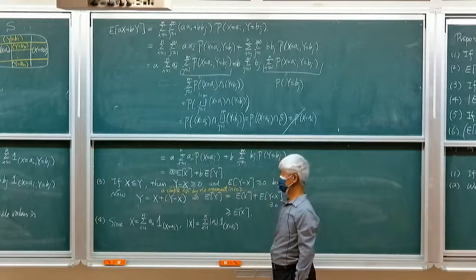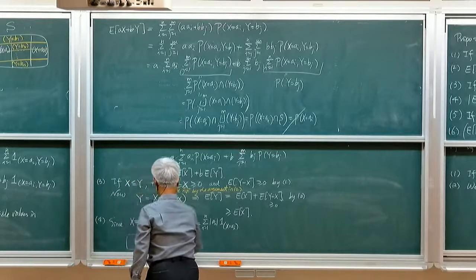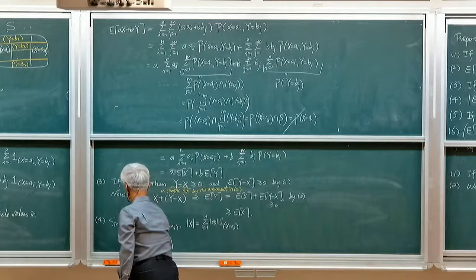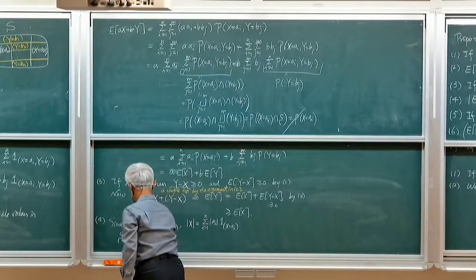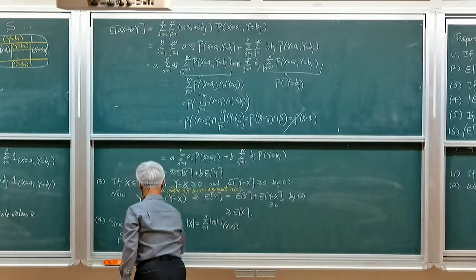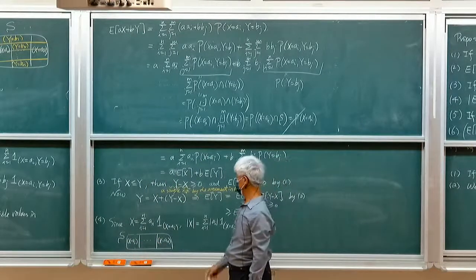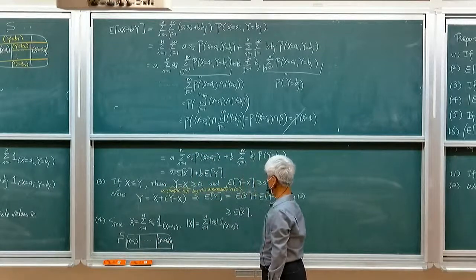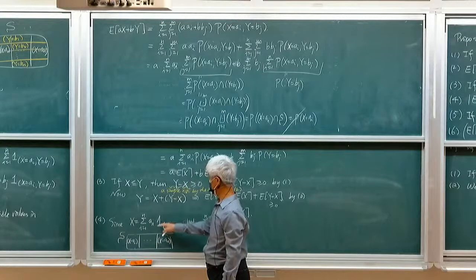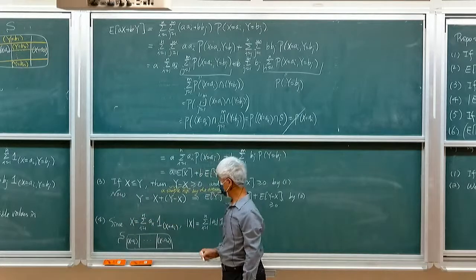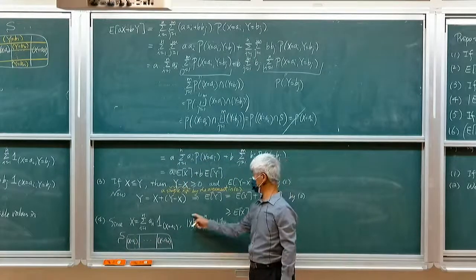But be careful. Even though the events x equal to a_i form a partition of the sample space, so they are atomic events of these simple random variables, these events may not be atomic events of this absolute value random variable.